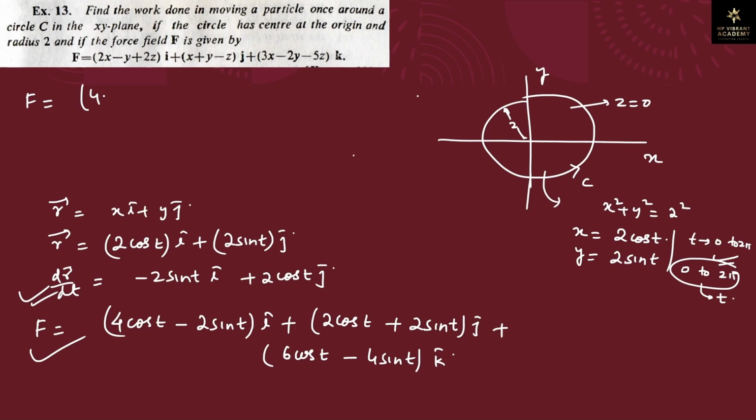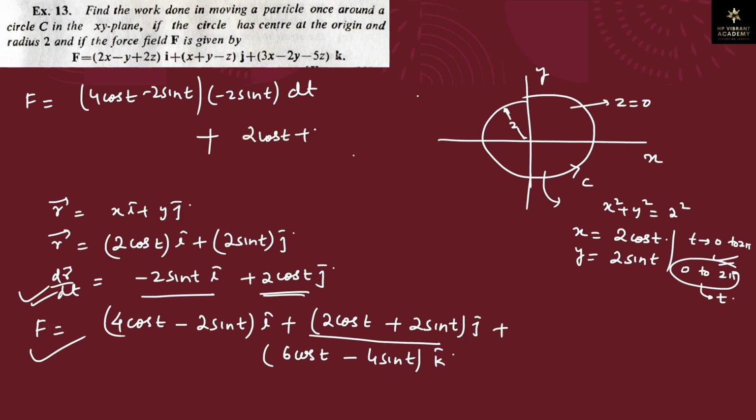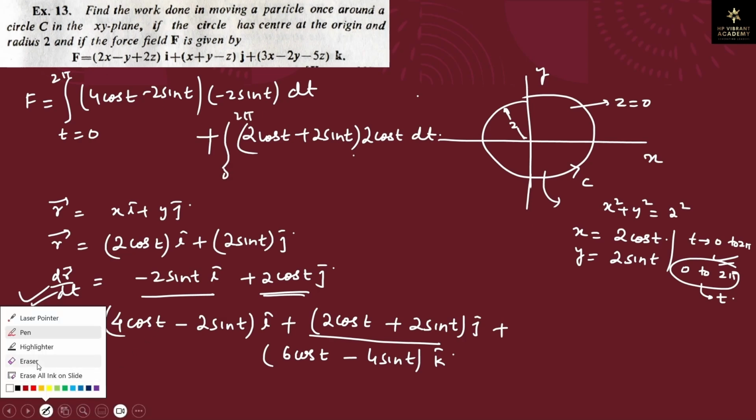F is (4 cos t − 2 sin t) into (−2 sin t) dt plus (2 cos t + 2 sin t) into 2 cos t dt, and the limit on t is 0 to 2π. So let us further simplify this.